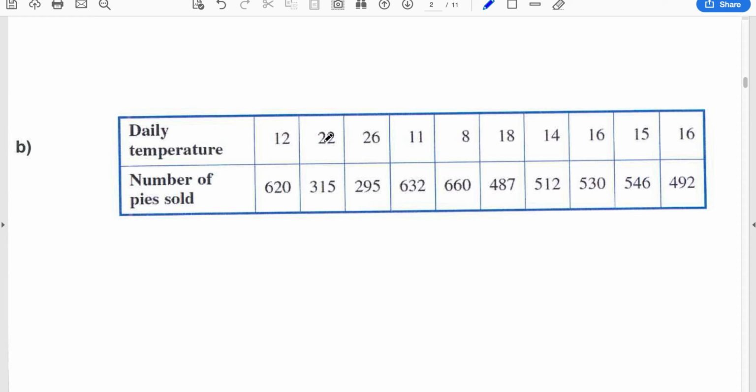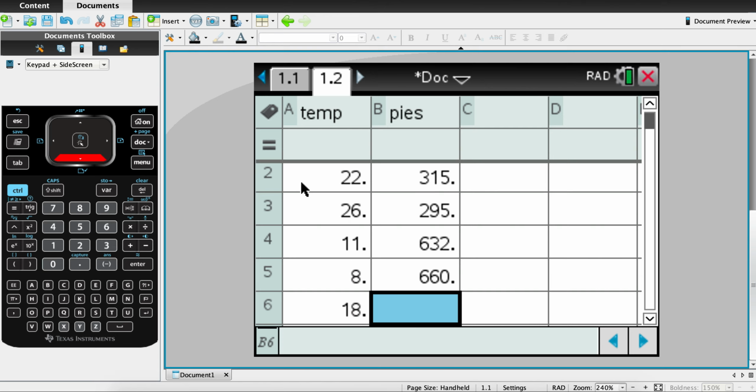So you need to make sure they go in the same order, like so.